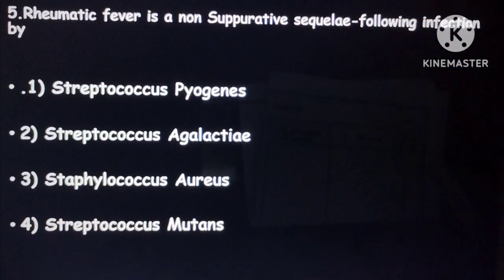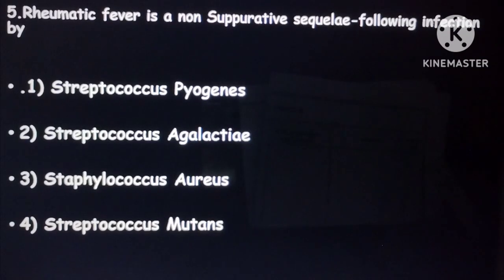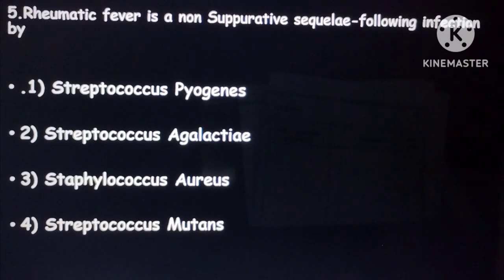Coming to the fifth question, rheumatic fever is a non-suppurative sequela following infection with Streptococcus pyogenes, Streptococcus agalactiae, Streptococcus mutans, or Staphylococcus aureus.